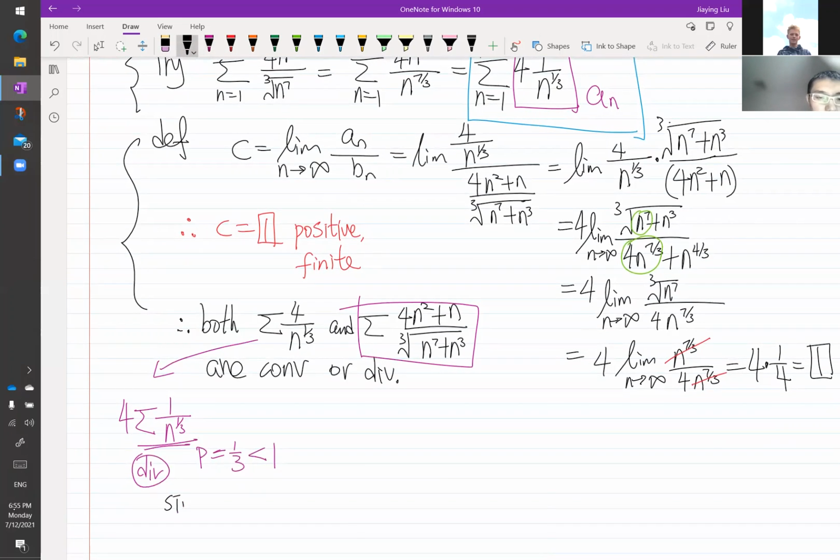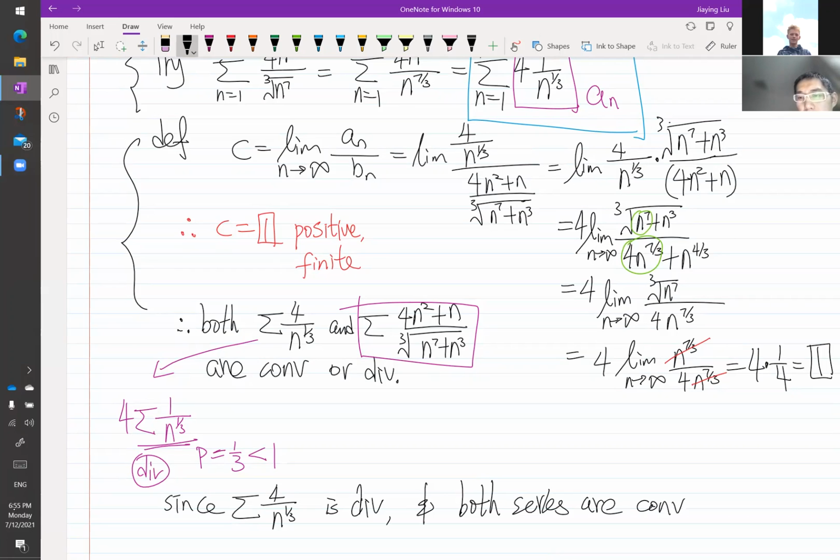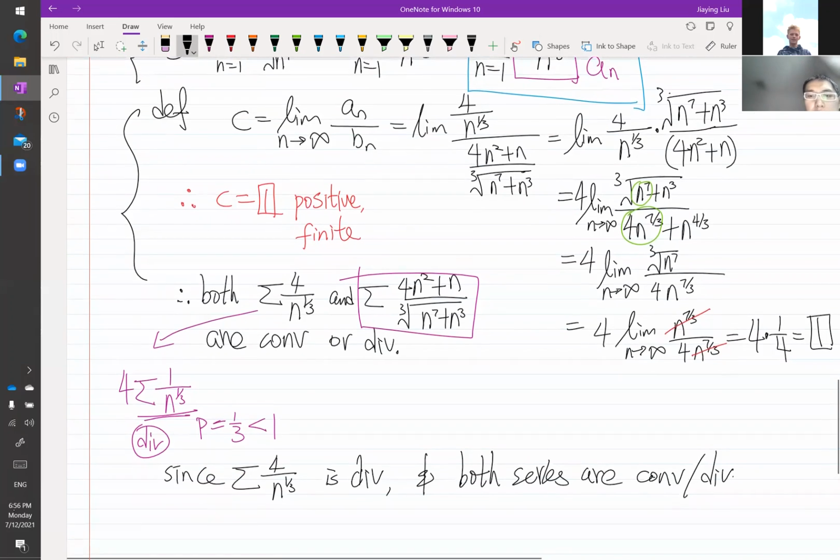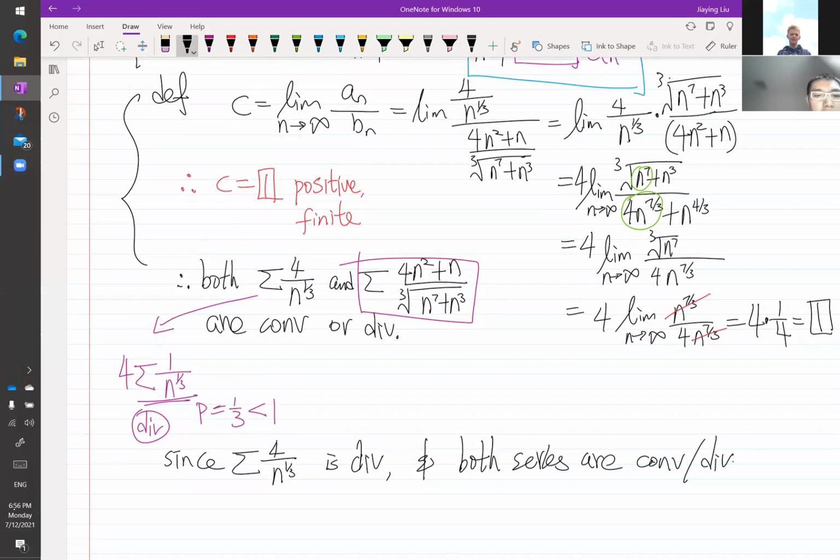So since the series 4/n to the 1/3 is divergent, and both series are either convergent or divergent at the same time, one of them is divergent, therefore the other one, the one we are interested in, over cube root of n to the 7th plus n cubed, is divergent.